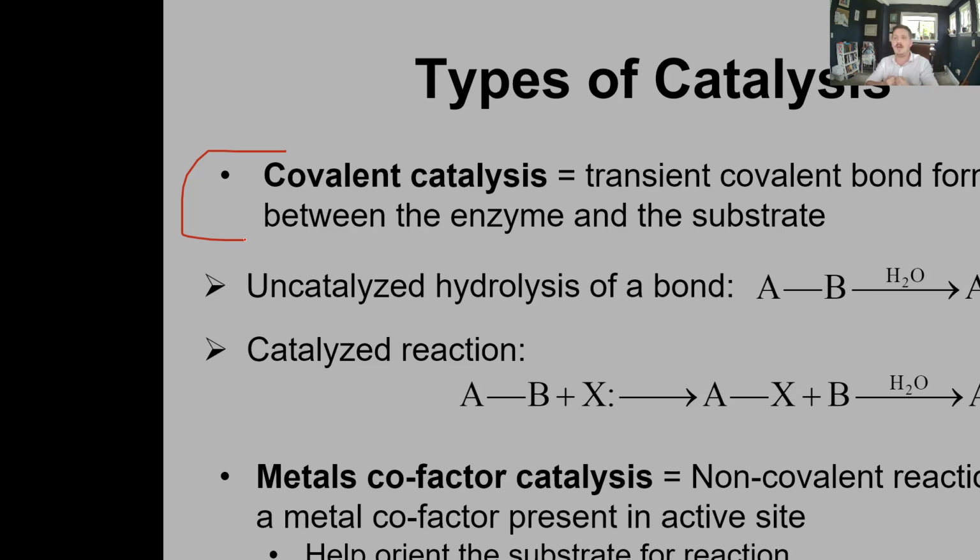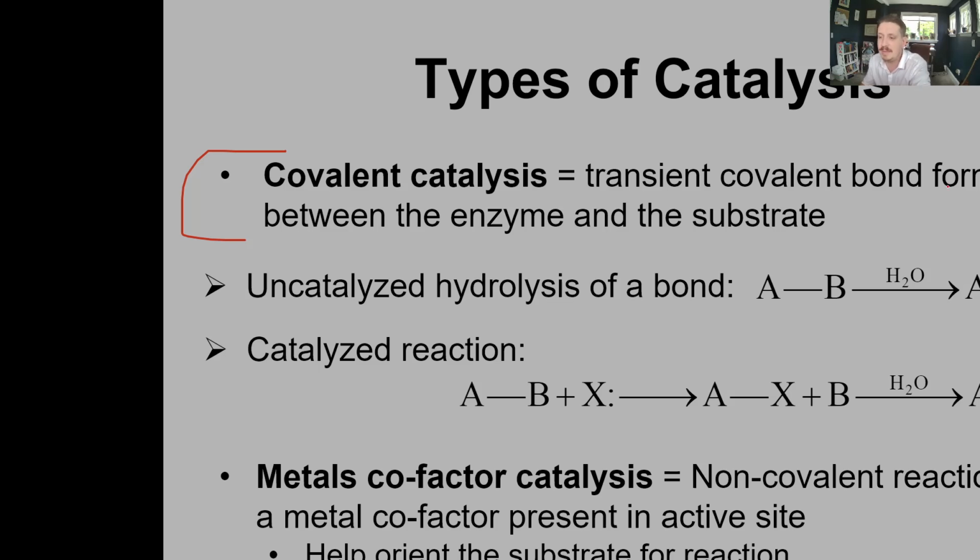That may be where the substrate binds to the enzyme by a covalent bond, and then while it is bound, that allows other chemical reactions to occur, and then at the end of that chemical reaction it will unbind and then leave as the product. An example that we can give is hydrolysis of a bond, just the breaking of a bond. Hydrolysis is generally the breaking of a bond that is catalyzed using the breaking of the bonds in water.